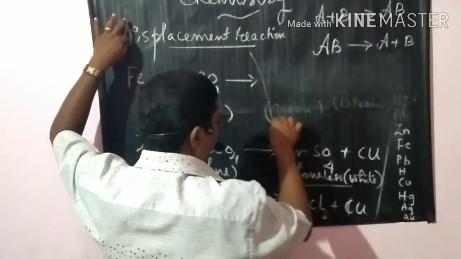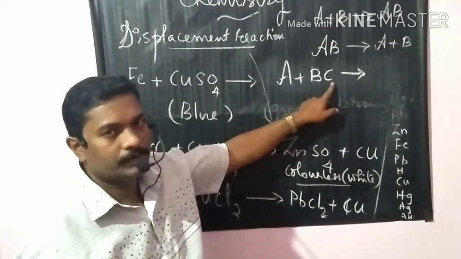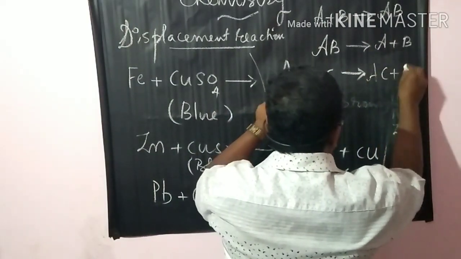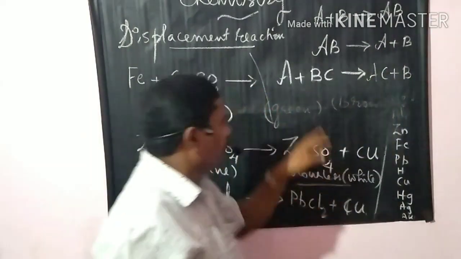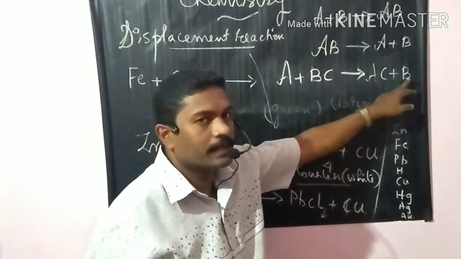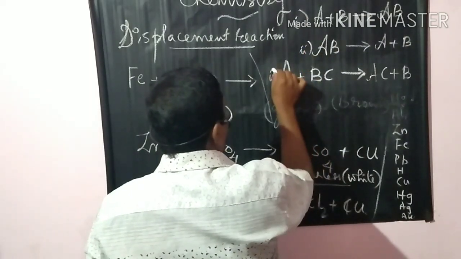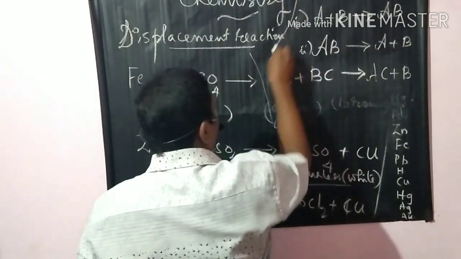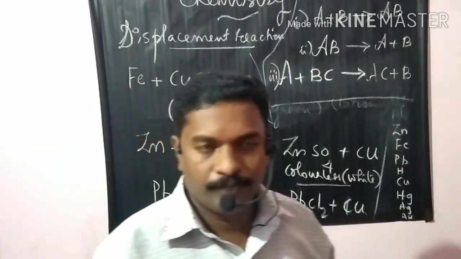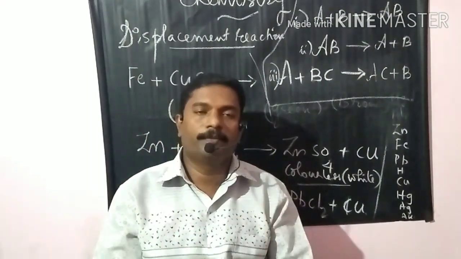Yeah, it's like A plus BC gives AC plus B. Am I right? A plus BC gives AC plus B. So three types of reactions. Which are they? Combination, thermal decomposition, and displacement reactions.